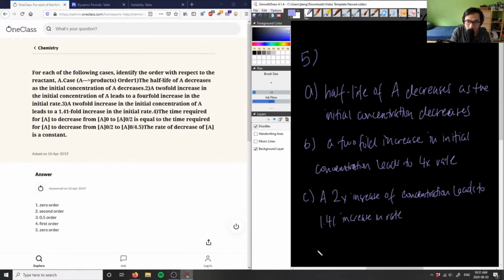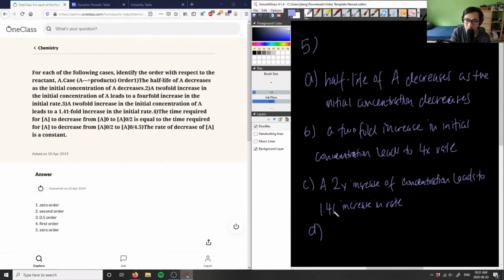And 4, this is D, the time required for A to decrease from A0 to A0/2 is equal to the time required for A to decrease from A0/2 to A0/4. The rate of decrease of A is constant.